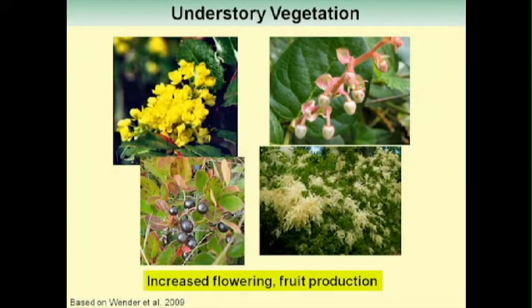One thing I want to point out here is, of course, vegetation is not equal vegetation, and 50% cover of shrubs is not equal to 50% cover of shrubs. One of John Tappeiner's cooperators published a paper a while back where they looked at a few of these study sites and looked at the flowering and the fruit production of those shrubs.